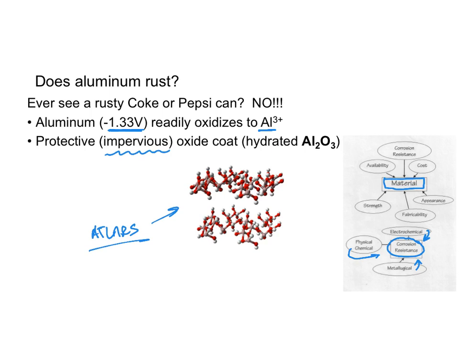If you have a material that you're trying to turn into a product, you have to worry about corrosion. You have to worry, is the material available? What kind of strength does it have? Can I fabricate it? Can I make it look good? And possibly the most important is the cost. So I rarely think anybody is going to do general chemistry, but you may be involved in something in your career where all of these components come into play.